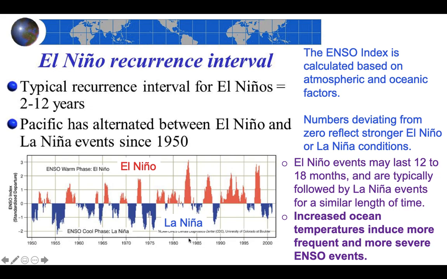So there was one El Nino event that took place in about 1983, 1984. That was really devastating, and the last one in 1998 caused incredible damage around the world.